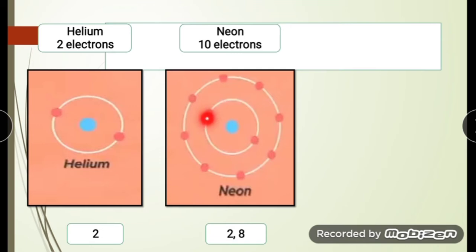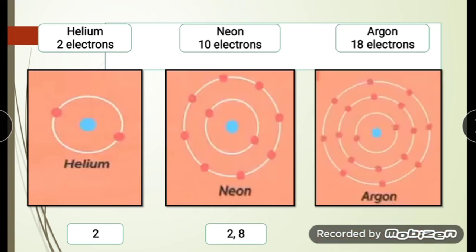By rule, the 2 electrons are in the first orbit and the remaining 8 electrons in the next orbit. One more example, argon. It has 18 electrons. And how does the electronic configuration show? Yes, 2, 8, 8. So children, here we have seen several examples of electronic configuration.